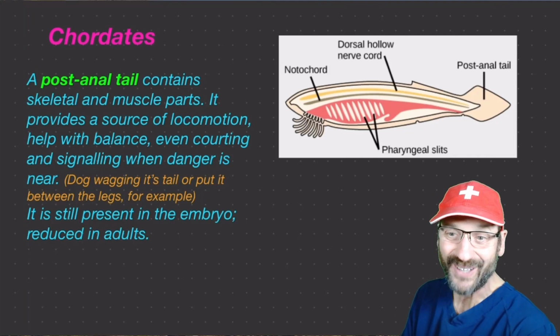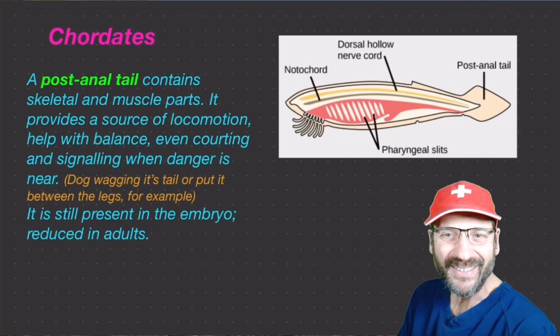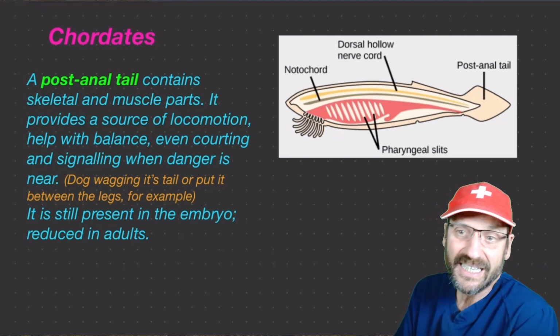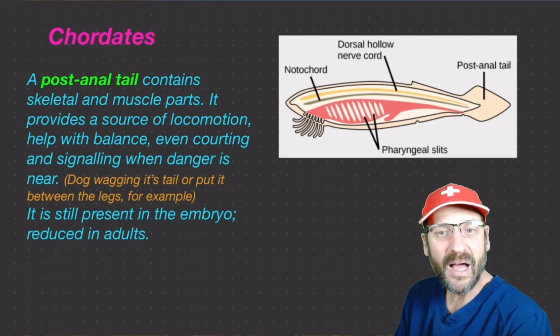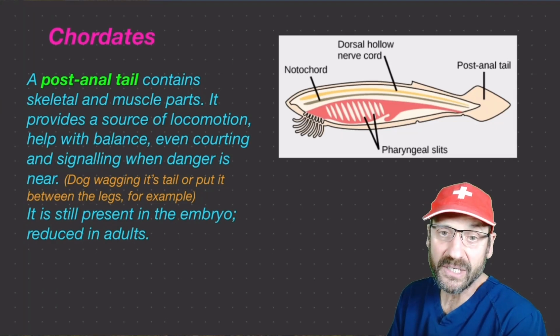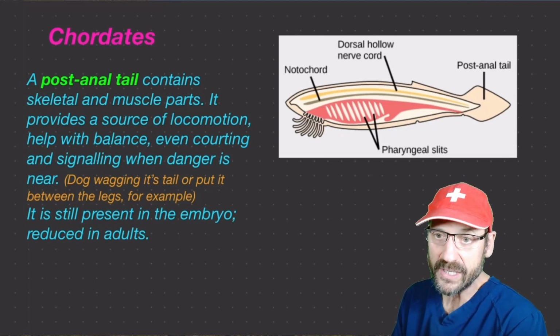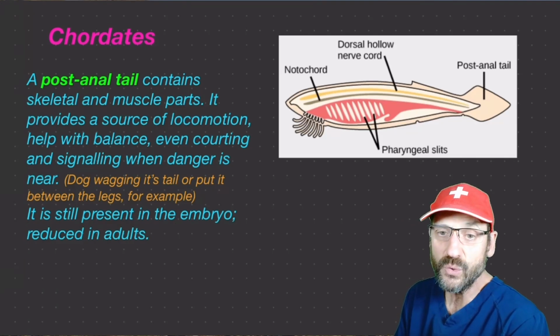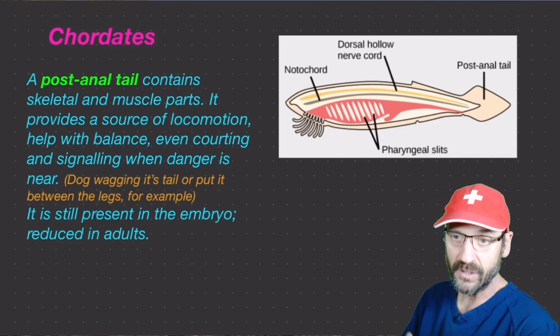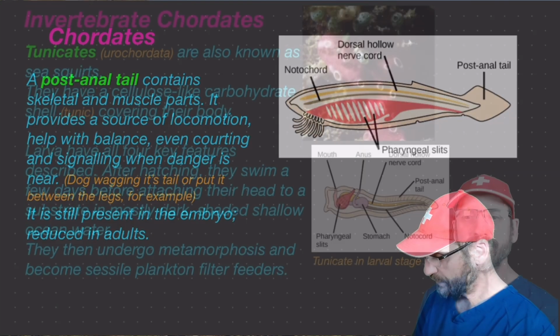That's the dog, my dog, or any dog, of course, wagging its tail in excitement or putting it between the legs when it's in a fear moment, for example. And in us, we still have a tail in the embryonic stage that helps with development, but then it's reduced, and as we are born, it's already reduced.